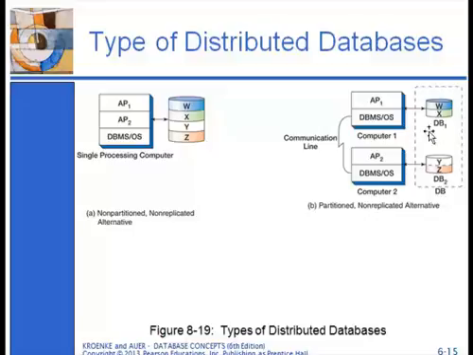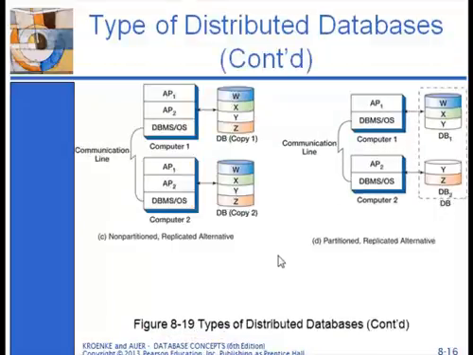As you can see, we have pieces on computer 1 and pieces on computer 2, but only one copy of each. Next, we have a non-partitioned database that has been replicated. We have all the pieces on computer 1 and then a replica of those pieces on computer 2.